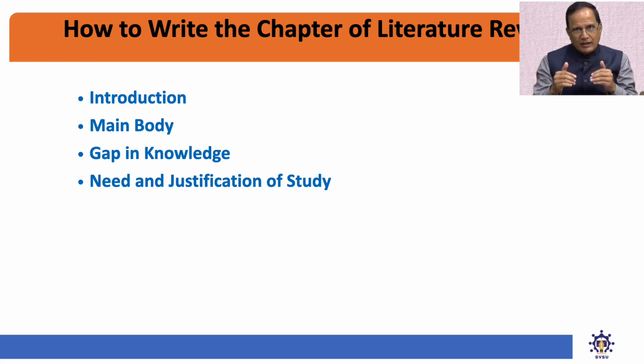And then we will talk about the various variables, factors and phenomena included in the research and what different theories and models are available related to that, and ultimately what is the present status of the knowledge with respect to the available literature, that should be briefly discussed.